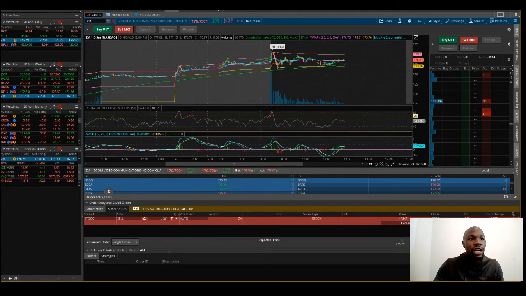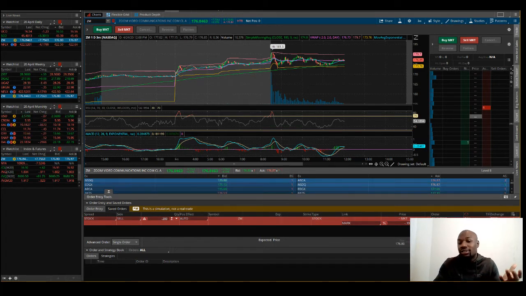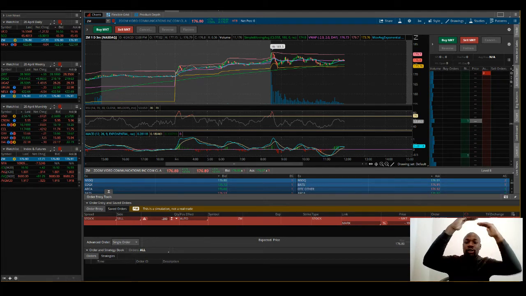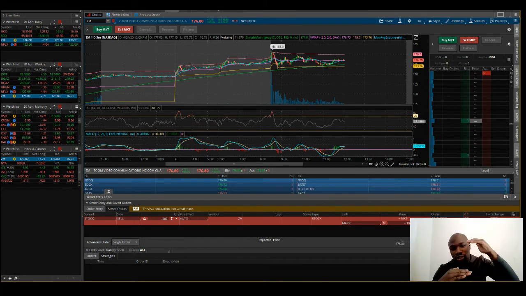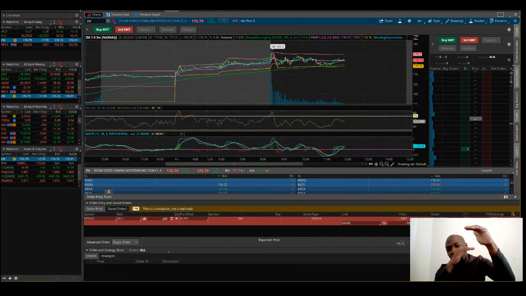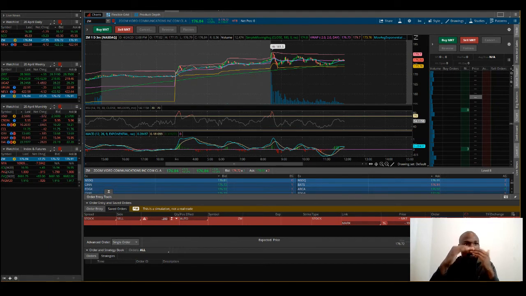If I go to order type, I can actually hit trail stop and trail stop limit, which work the same way. Trail stop sells at a market order, but the price follows as it goes higher. So as you make more money, that trailing stop loss will continue to go up to protect some of the money that you've gained.